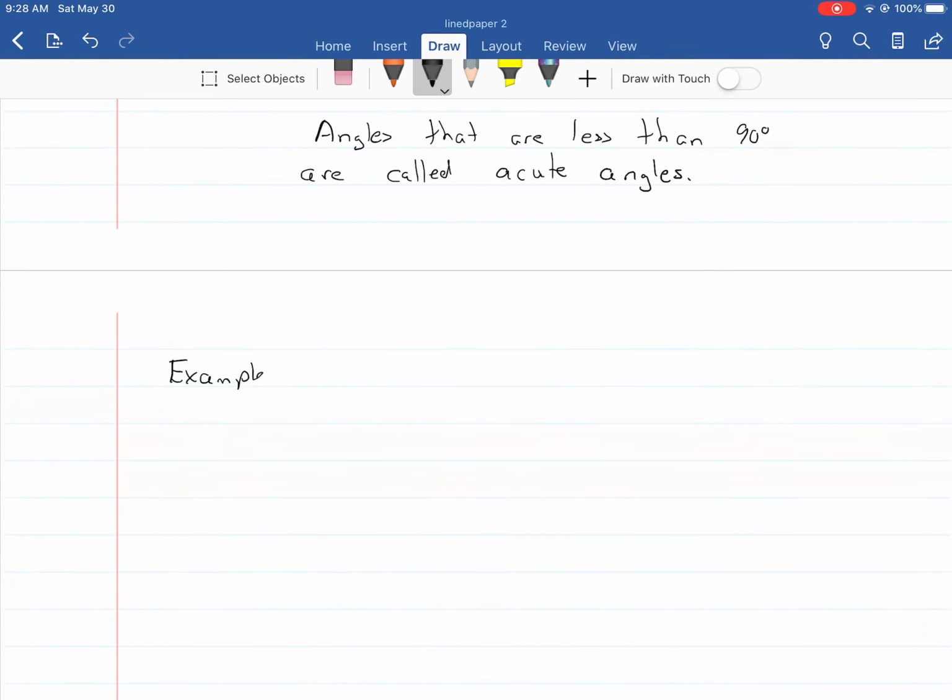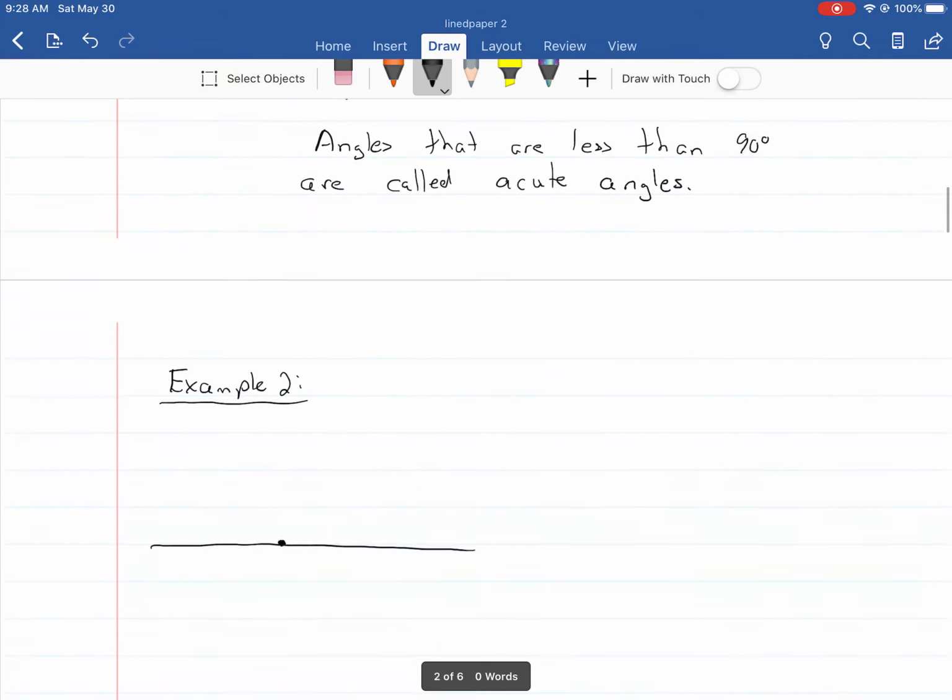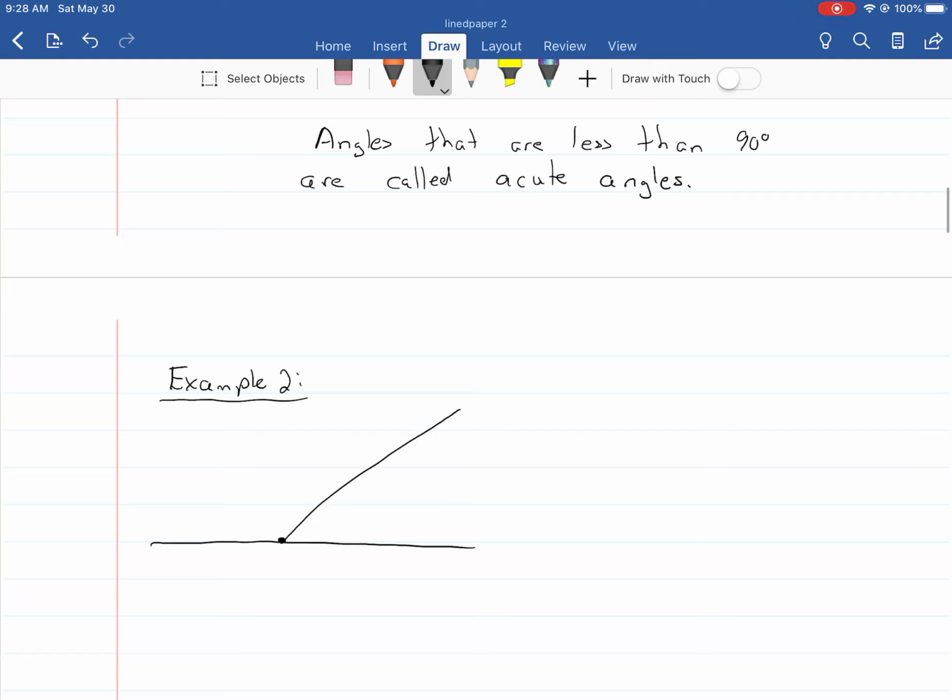All right, so my second example. Say I've got this situation here. Instead, I've got a straight angle like that. And I tell you, this angle here is 55 degrees.